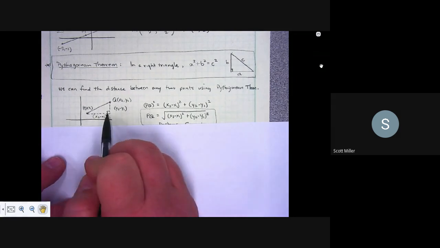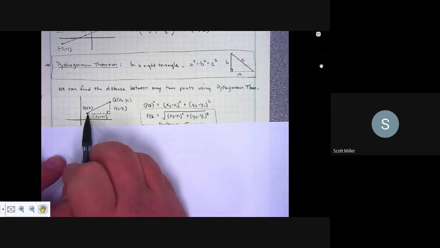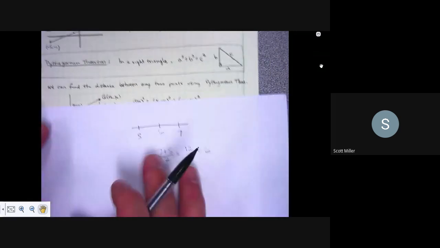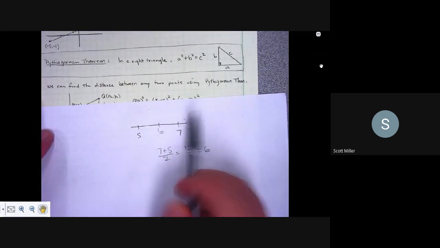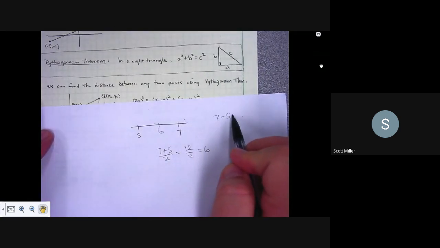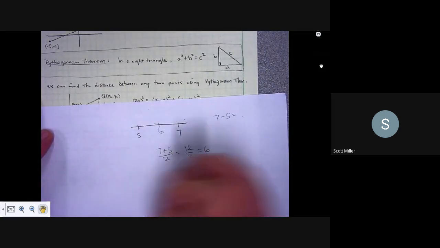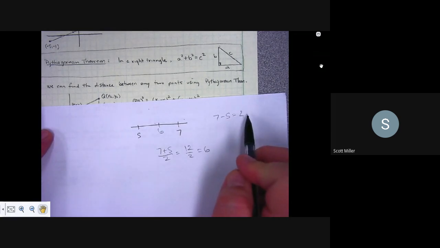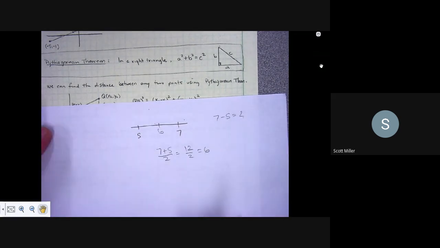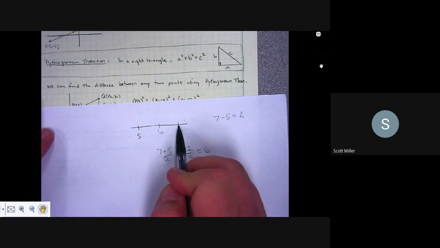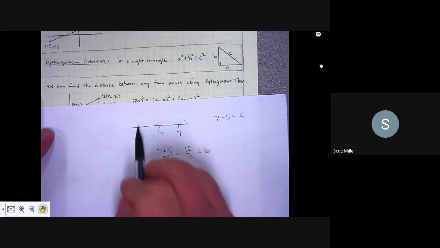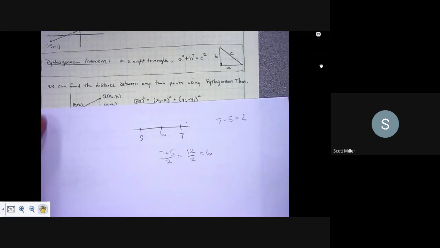Well, this point has an x, this point has an x, so you just subtract the x's. That'll be your distance. How far is it between 5 and 7? Well, I know it's 2, but mathematically, isn't it 7 minus 5? 7 minus 5 gives me the 2. So that's mathematically where I can do this for any points. Just take the right one minus the left one, and you'll always find the distance between the 2 points.